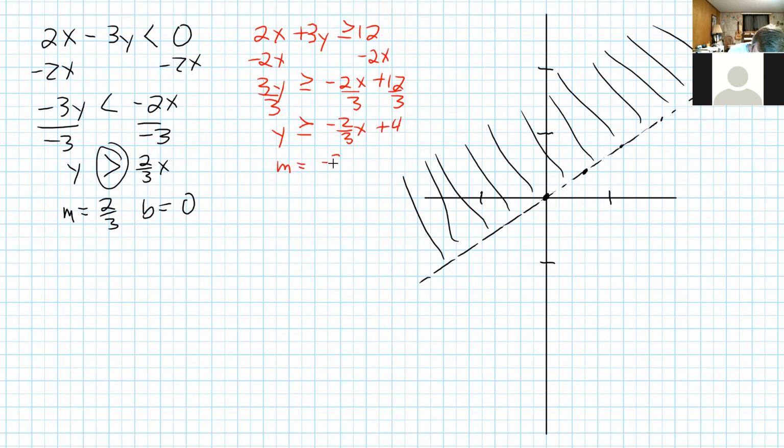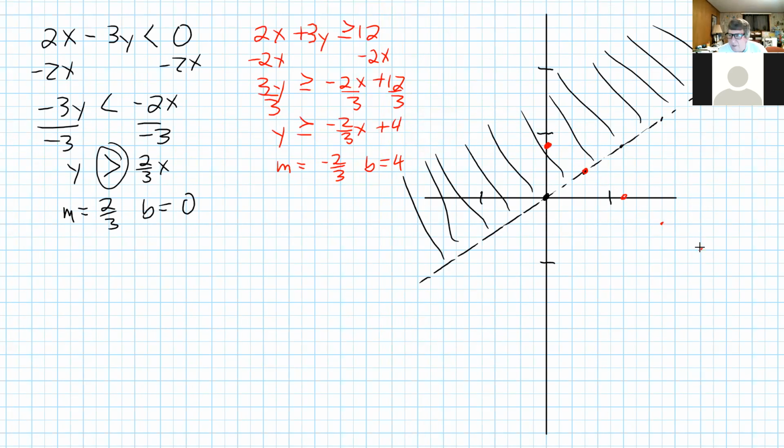So the slope is negative 2/3 and the y-intercept is 4. So the y-intercept is right there. The slope is down 2/3, so right there, right there, right there, etc.